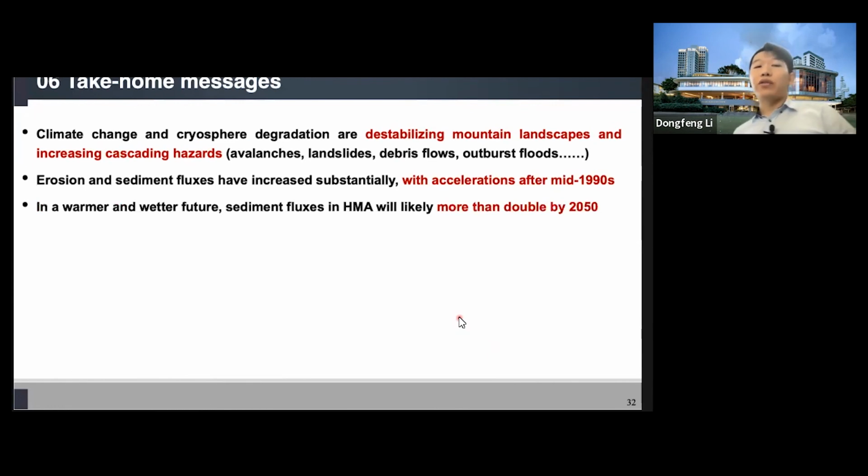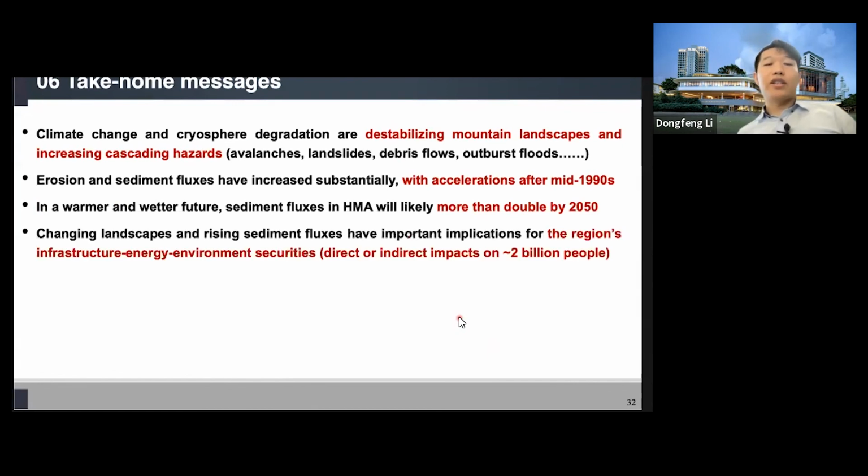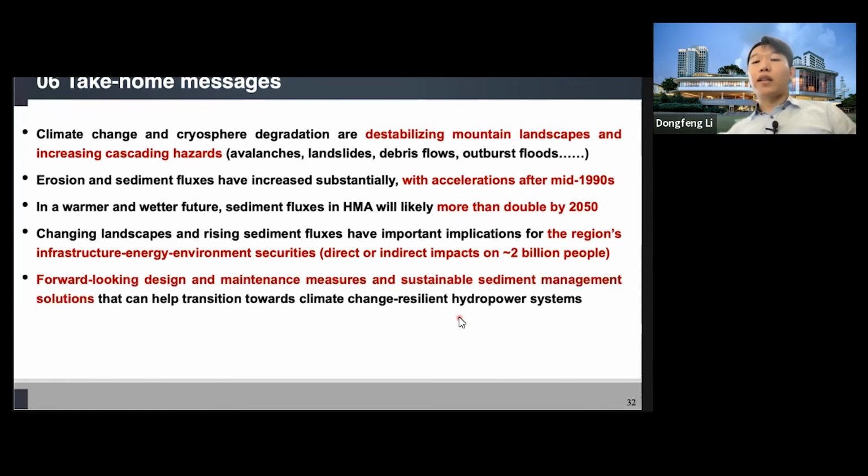In a warmer and wetter future, we predict that the river sediment in the region will continue to increase and very likely double by the middle of this century. The changing landscapes and rising river sediment have important implications for the region's infrastructure, energy, and environmental security, and they can directly or indirectly affect 2 billion people's lives.